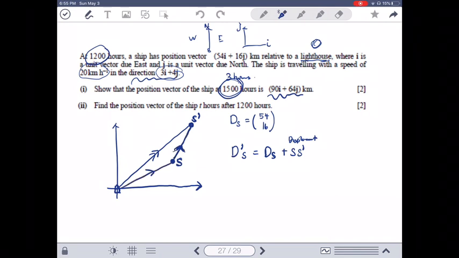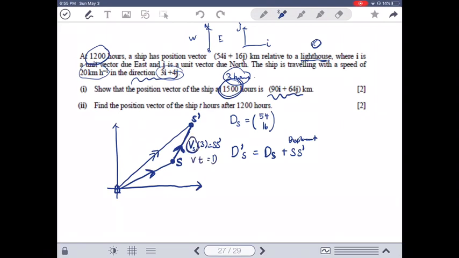We have that one, but not this one. But what do we know? Here we need to find the velocity of the ship, and then multiply by t. In this case, t is just equal to 3. Then only we will get the displacement, because we know that displacement is just equal to velocity times time.